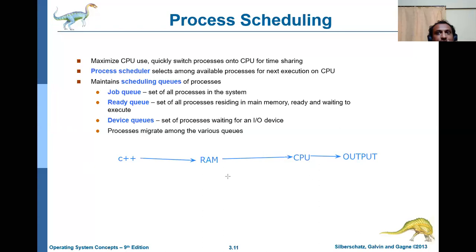Now, when the instructions are going from this RAM to the CPU, we can say that the jobs are going to the ready queue to be executed. A job is nothing but the instruction, the statement that is going from RAM to CPU. So when the instructions go from RAM to CPU, they are moving from the job queue to the ready queue.